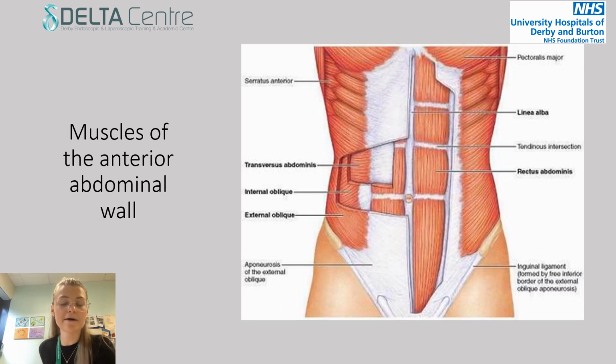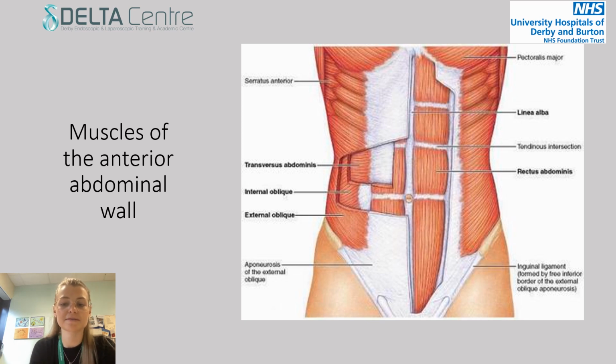So talking now about the muscles of the anterior abdominal wall. Laterally you have three flat muscles: the external oblique, the internal oblique, and the transversus abdominis. In the anterior medial aspect of the abdominal wall, each of these muscles forms a broad, flat tendon, an aponeurosis, which covers the rectus muscle.